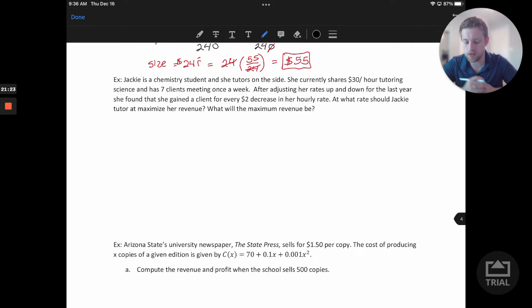The next question involves, again, a kind of variable price on a service. So this says that Jackie is a chemistry student and she tutors on the side. She currently charges $30 per hour tutoring science and has 7 clients meeting once a week.